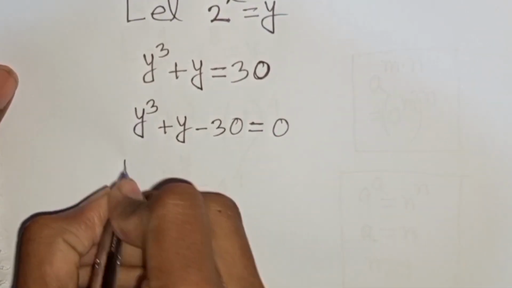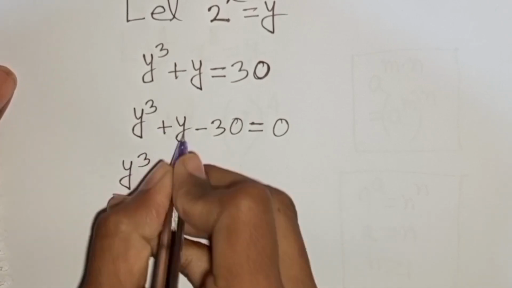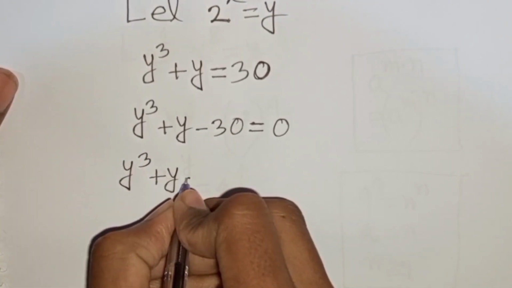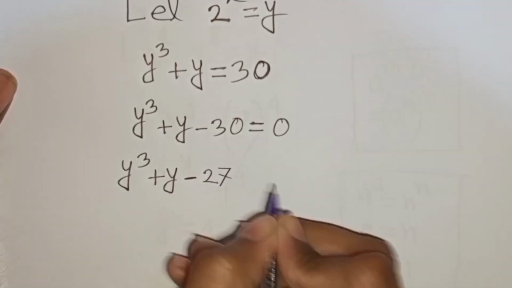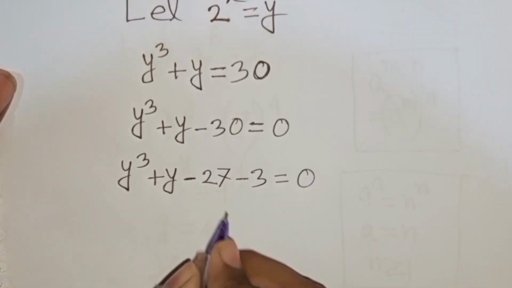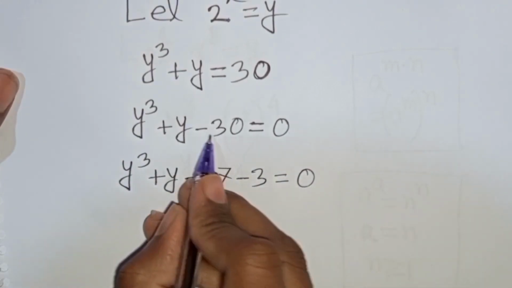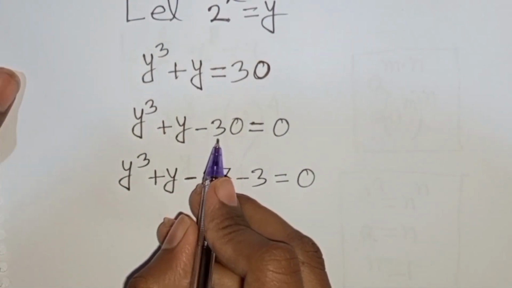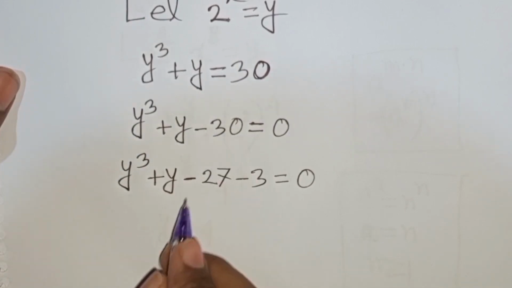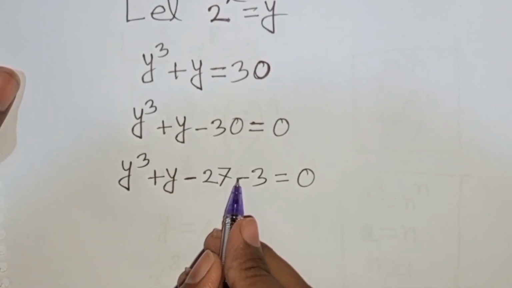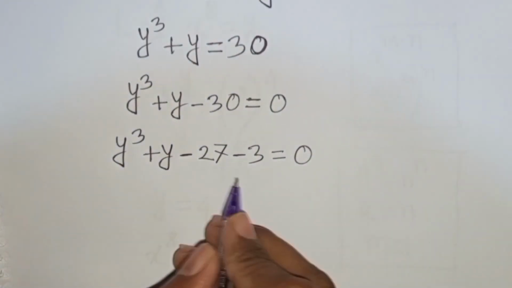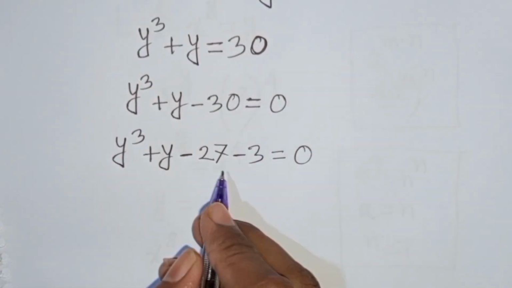Now we have y cube plus y, then minus 30 can be written as minus 27 minus 3, then is equal to 0. How to understand this? Pay attention here, the nearest cubic number of 30 is 27. So minus 30 can be written as minus 27 minus 3. Most of the time you can understand such a process.